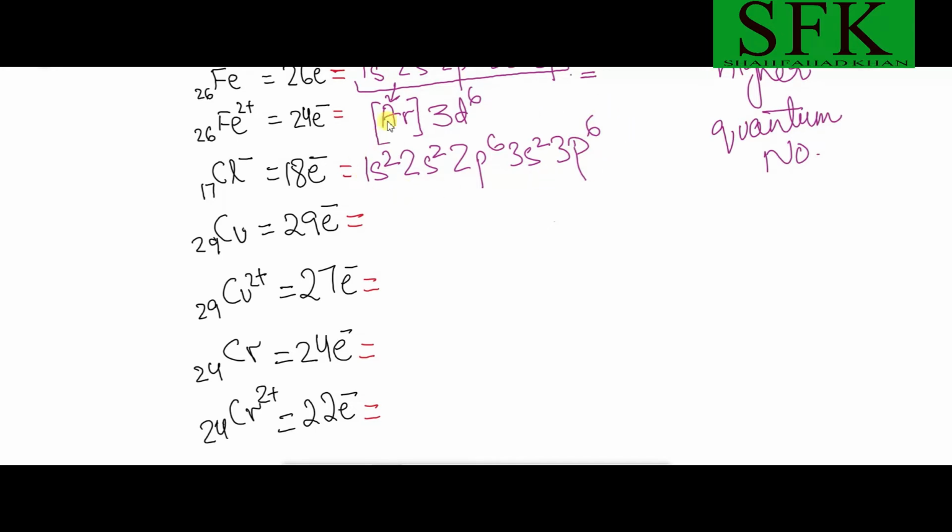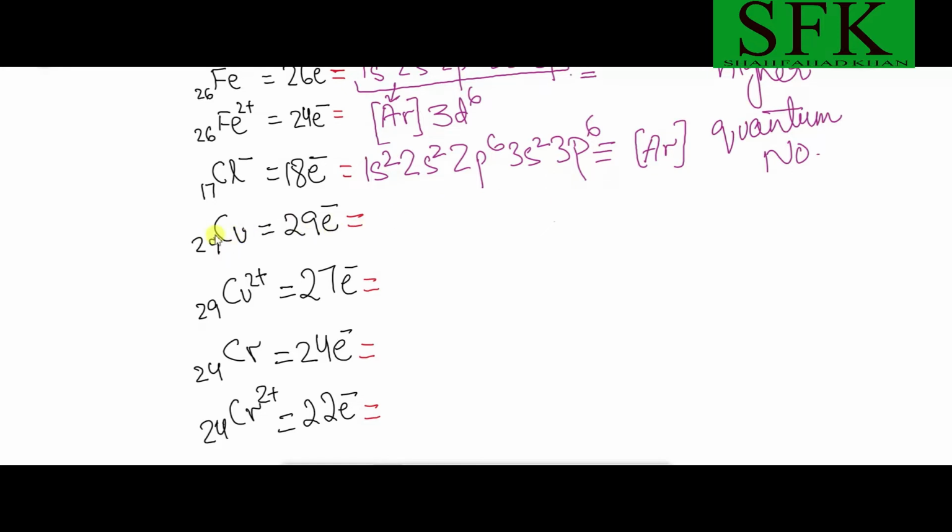This electronic configuration, as I have said earlier, can also be represented as argon core because this element argon, the noble gas, has 18 electrons as well and it has this electronic configuration. So this is basically equivalent to argon core.